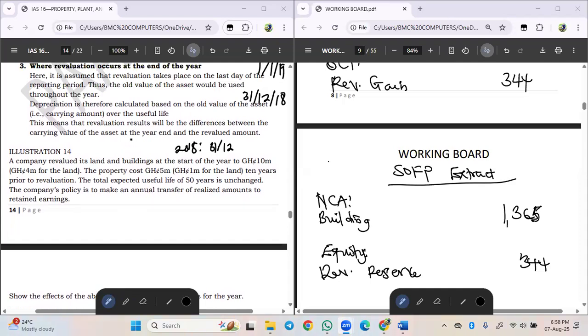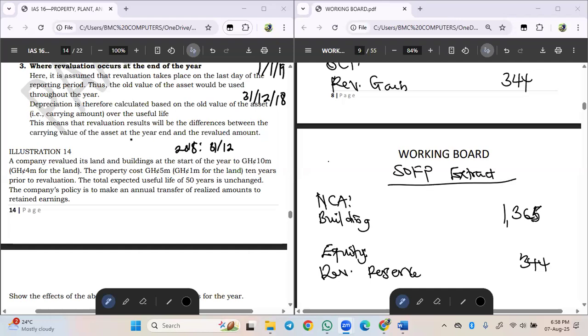That would be the old value, because mostly the old value will be the historical cost. Mostly the depreciation method is the straight line, so that's why I said the historical cost. But if you are using the old value, it means the depreciable one.